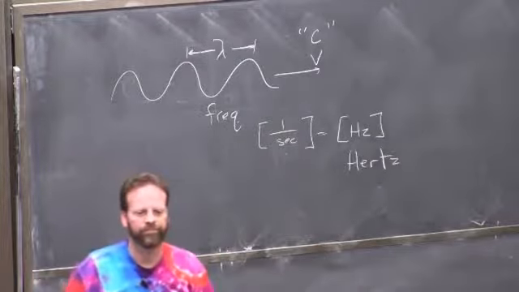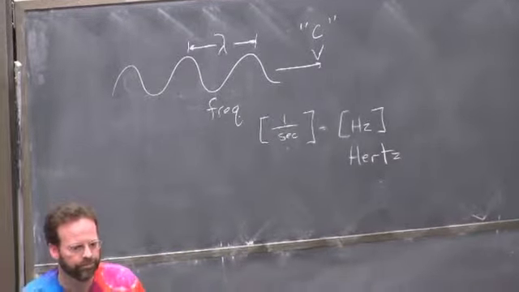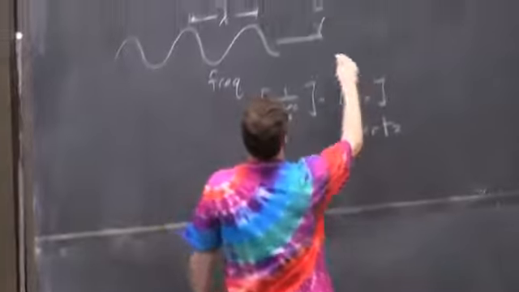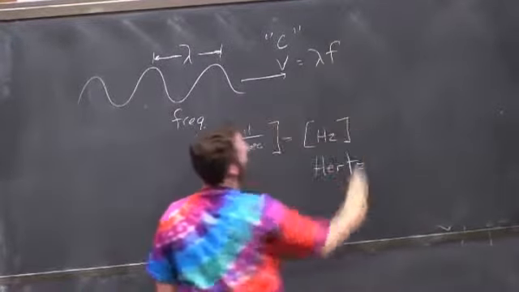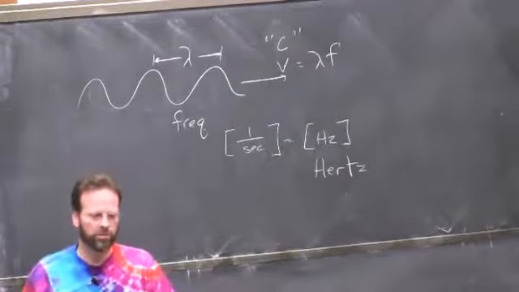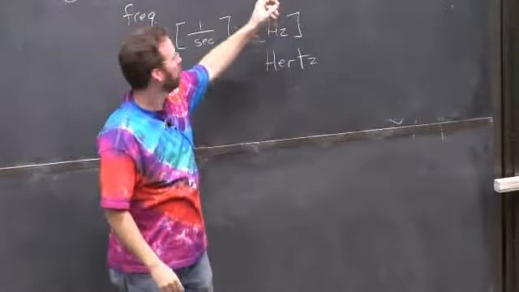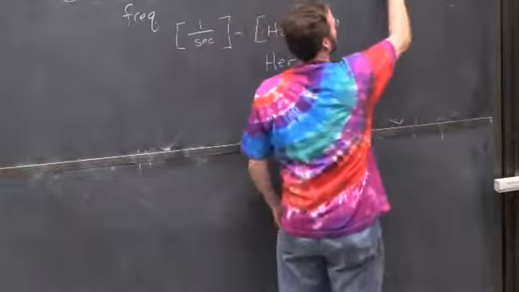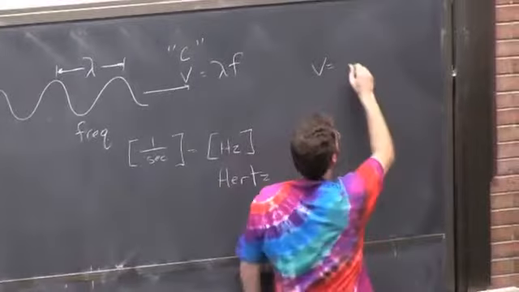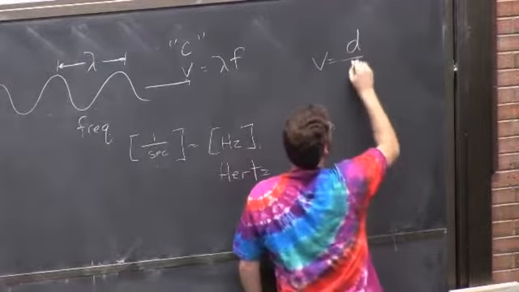So is the velocity the wavelength times the frequency? Yeah, we're going to do that too. The velocity is the wavelength times the frequency. Which, I'll just tell you now, you know this equation. We've done it. What's velocity to you? Yeah, it's distance over time.